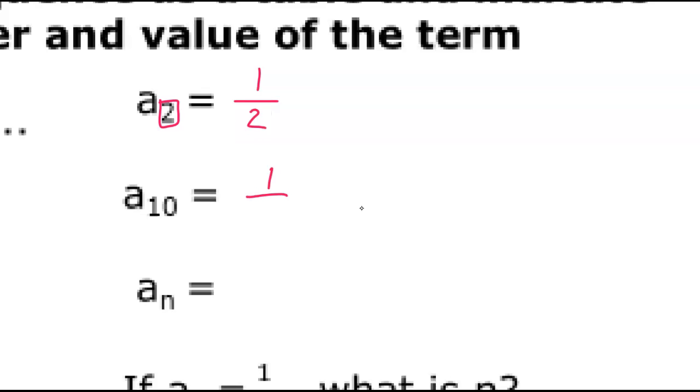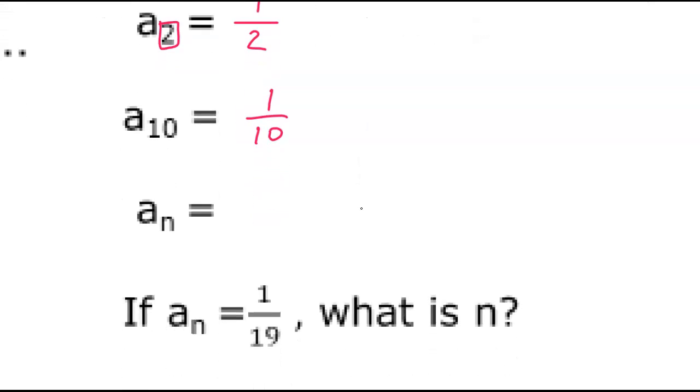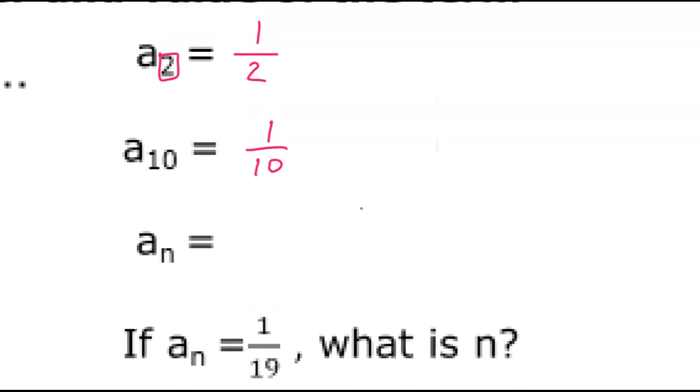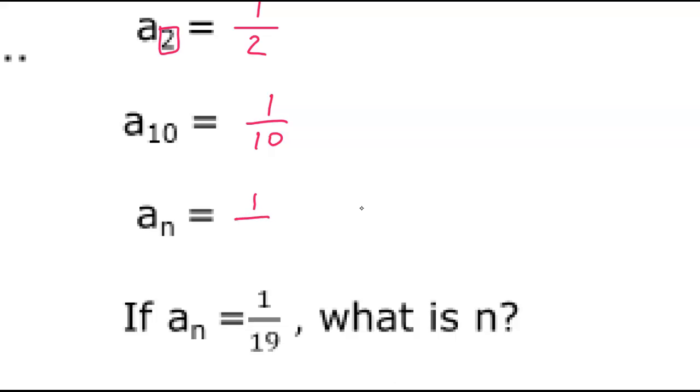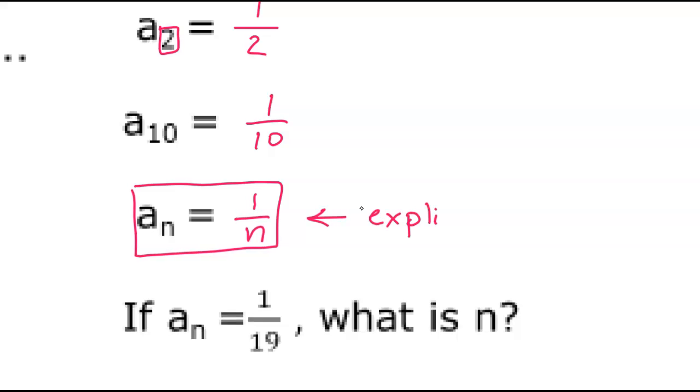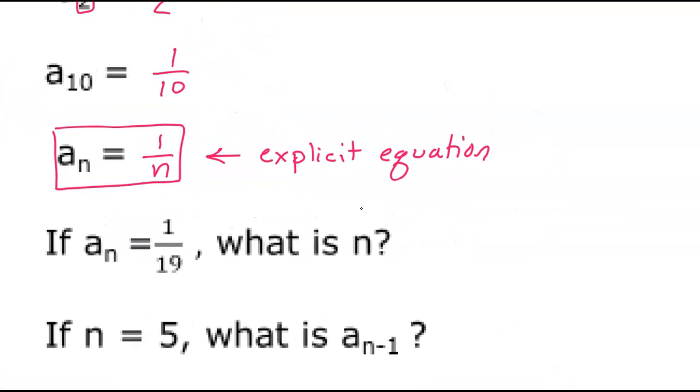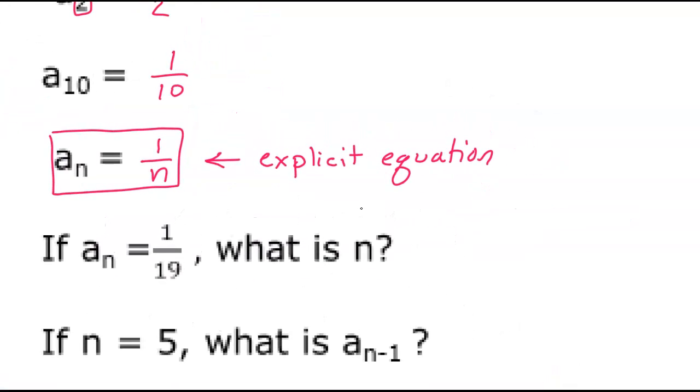1/10. The position number matches the denominator. So what could we say A sub n is? 1/n. This is what is called the explicit equation for this sequence. We can find any term with this equation.